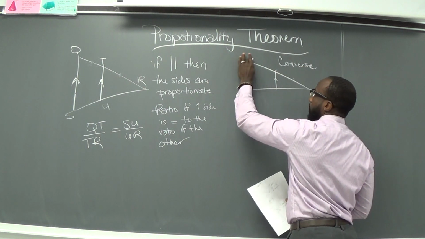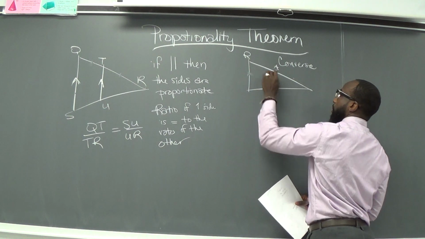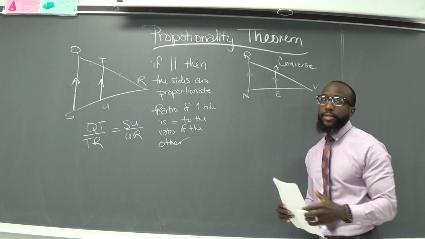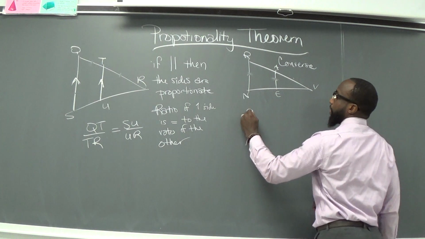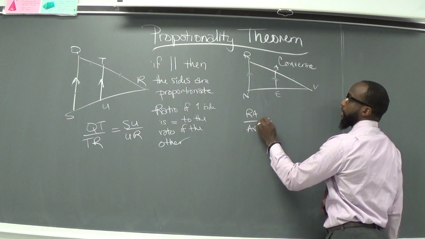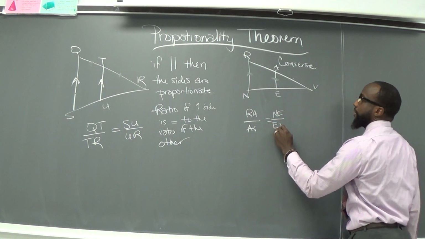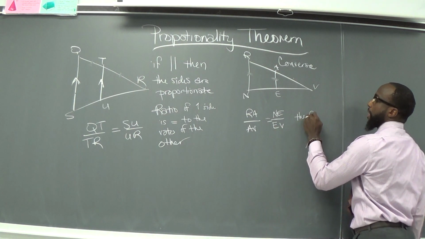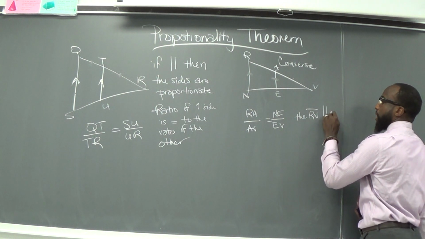So the converse would say, let me see, give me some labels: R, A, V, E. If RA over AV is the ratio of NE over EV, then segment RN is parallel to AE.